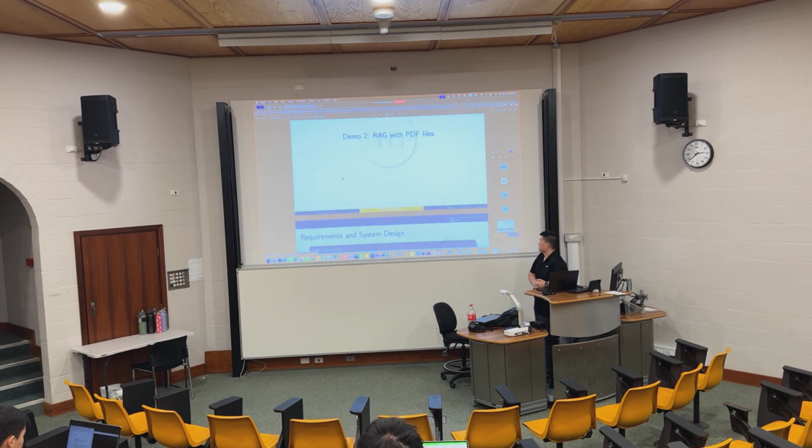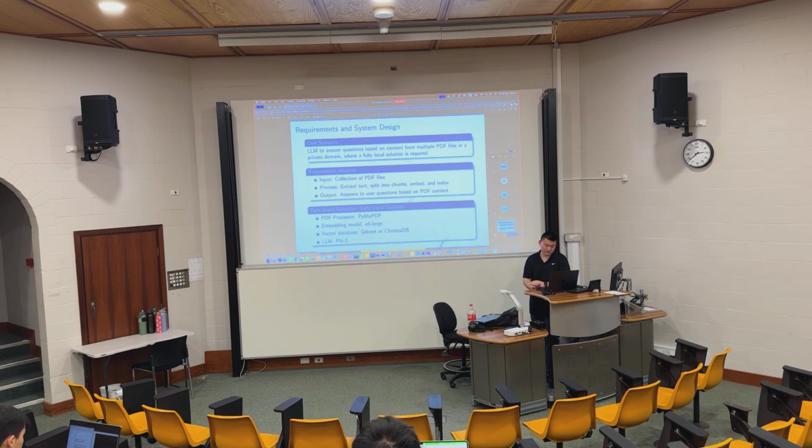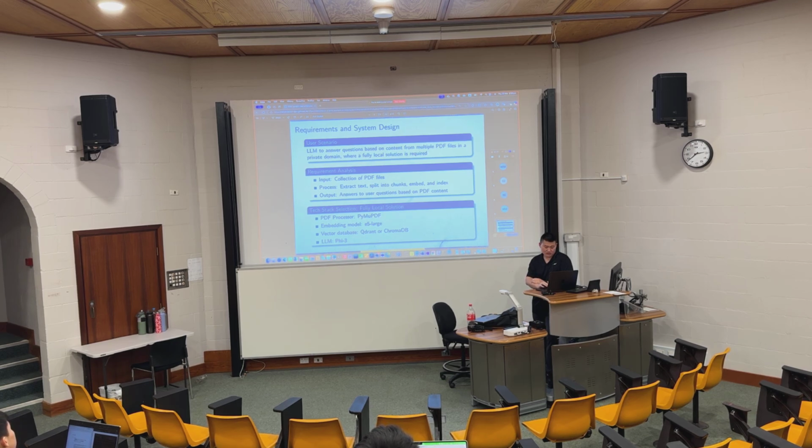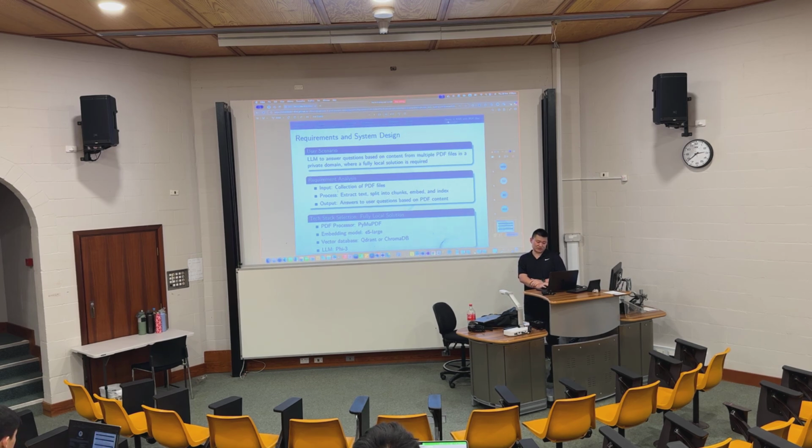Another solution we have demonstrated here is a fully local solution, which means you don't need to use the OpenAI one. The PDF processor is this open source one, and the embedding model is E5, which is a popular decent one. For the vector database, I have written the code for both Qdrant and ChromaDB. And the large language model we have used locally is Phi-3. The input is a collection of PDF files. You use this library to process them into text, split them into chunks, use the embedding model E5 to process them into the vector database, and do the retrieval.